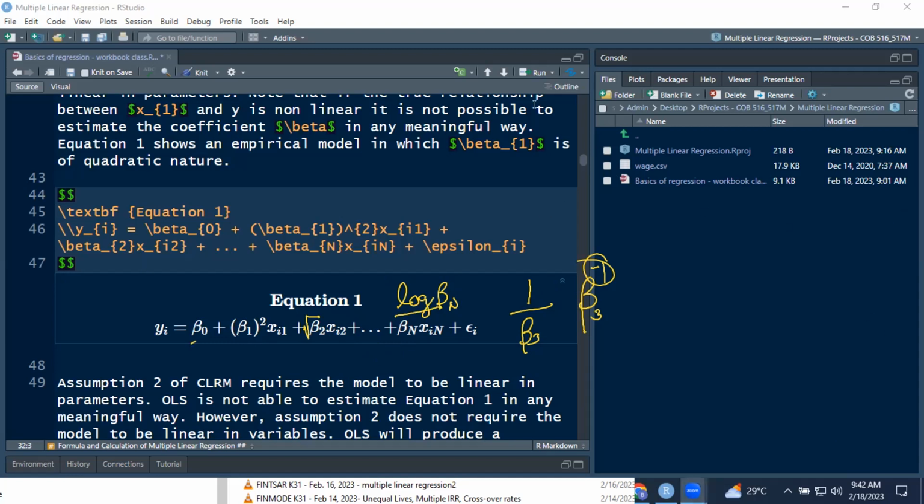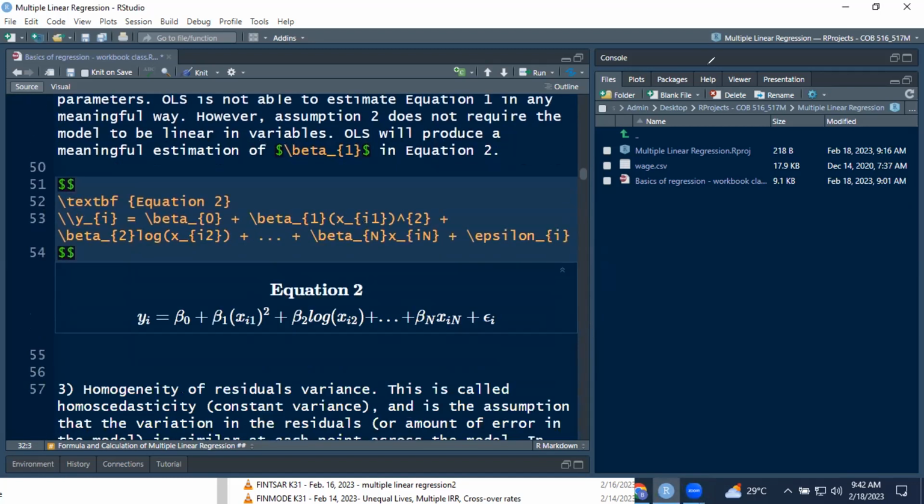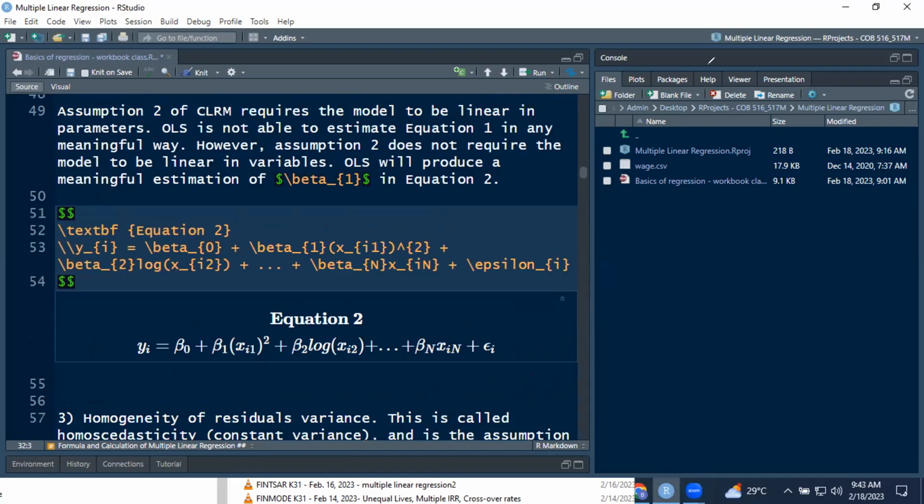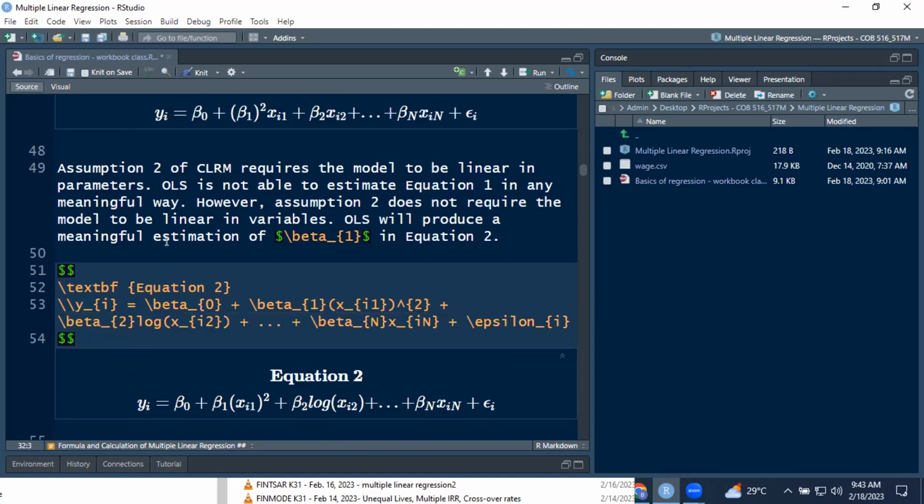So hindi pa pwede yan, no? So dapat, on the other hand, class, yung dependent variables natin, kunyari ito, it's perfectly fine na naka-square root siya, naka-squared siya, naka-log siya. Okay? Okay lang yun. No problem with that. Okay, but not this.